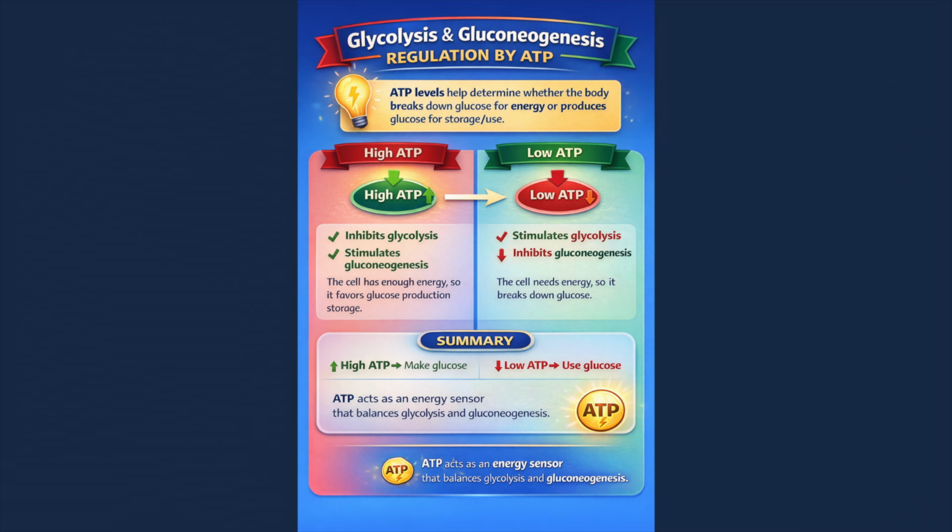So basically, to completely simplify exactly what I just said, I made this little graphic here. So when ATP is high, it makes glucose. When ATP is low, it uses glucose. ATP acts as an energy sensor that basically balances glycolysis and gluconeogenesis.